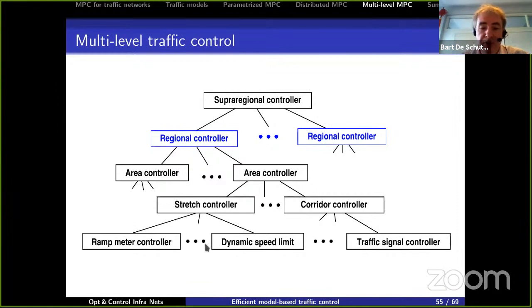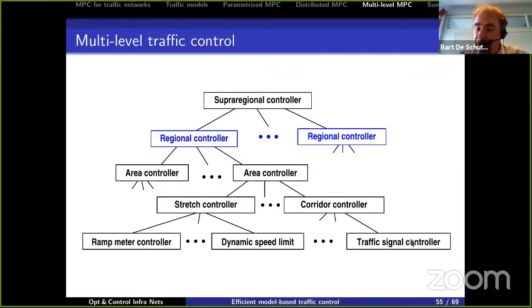In a highway, we would then coordinate several ramp meters and several speed limits for a stretch controller. So one highway consisting of several links, several segments. For each segment, we might have a different ramp meter controller if there's an on-ramp, or we might have different speed limit controllers, and they are, of course, interacting locally, but they are coordinated by a stretch controller.